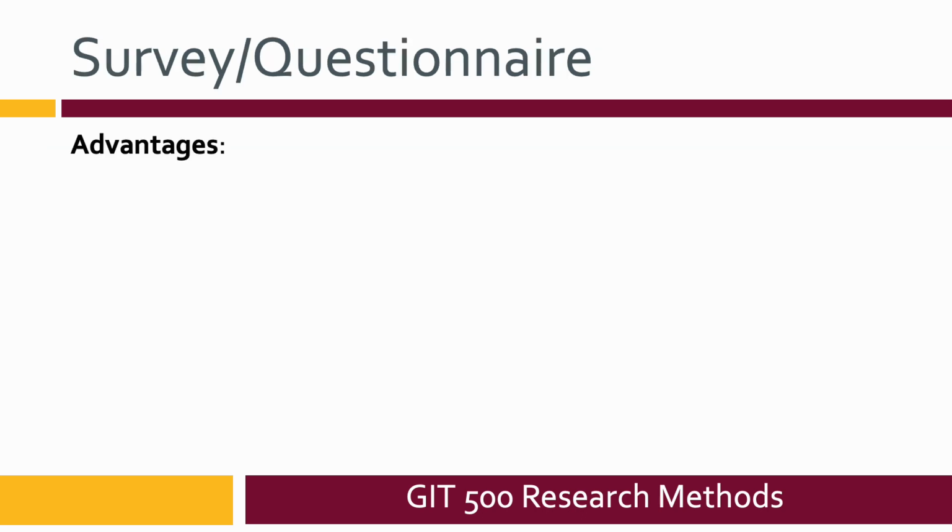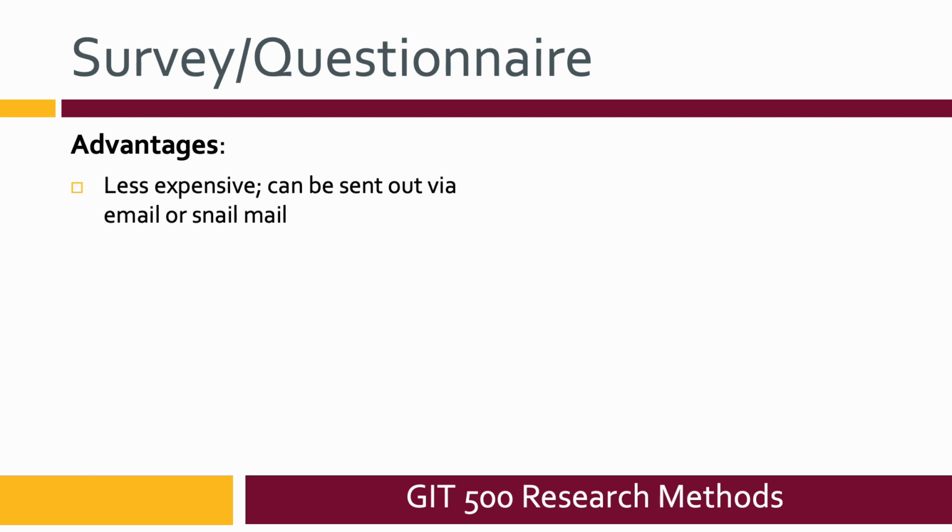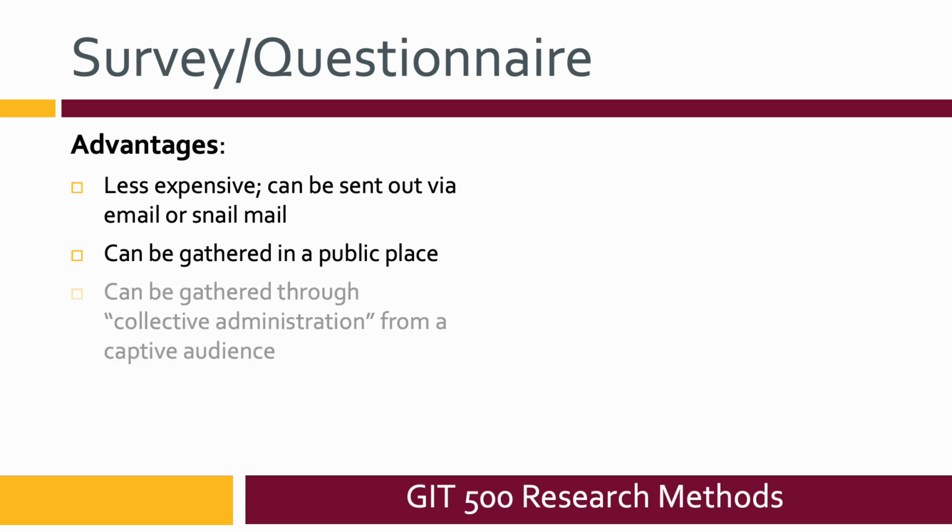The advantages of surveys and questionnaires are that they are less expensive to administer. They can be sent out on email or regular mail. They can be handed out and gathered in a public place like a public library or a grocery store.